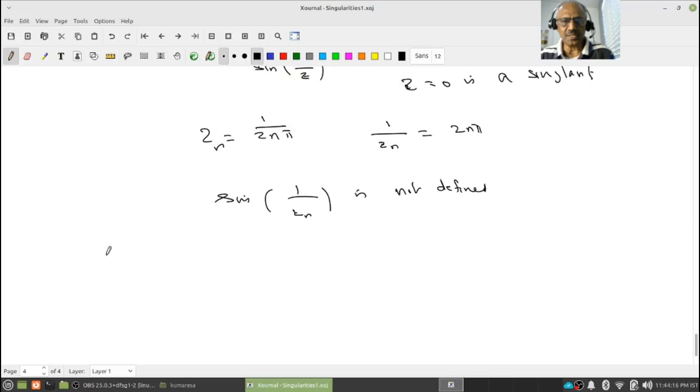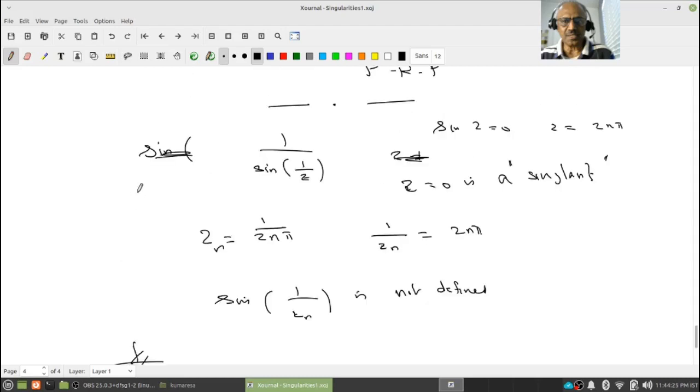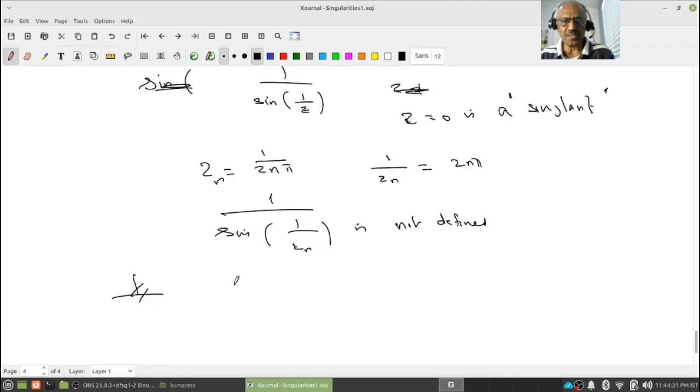I want 1 upon 0. Sine 1 upon z is defined away from 0, but not at 0. But notice that the z_n are 1 upon 2n pi and they converge to 0. Therefore, there exists no r positive so that the function is holomorphic on B(0,r), because z equal to 0 is a cluster point of all these zeros.